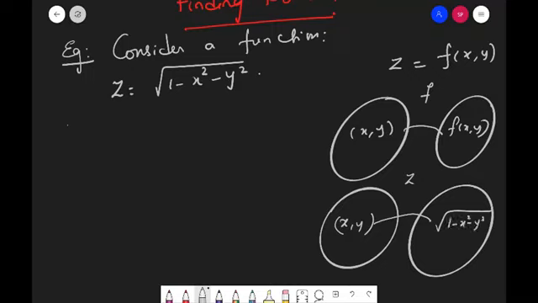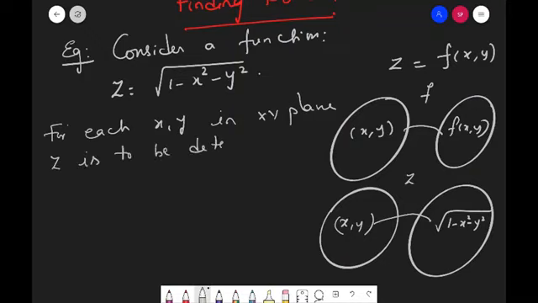Now we have to find the domain. For each x, y in the xy plane, z is to be determined, that z is equal to square root of 1 minus x square minus y square.